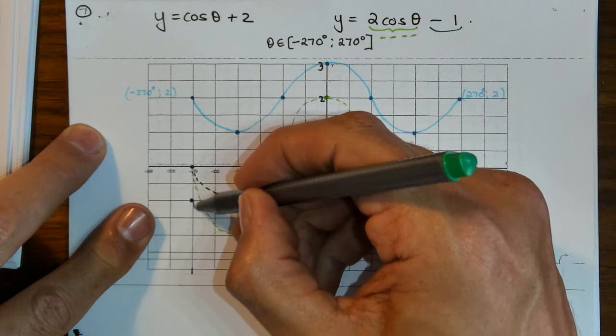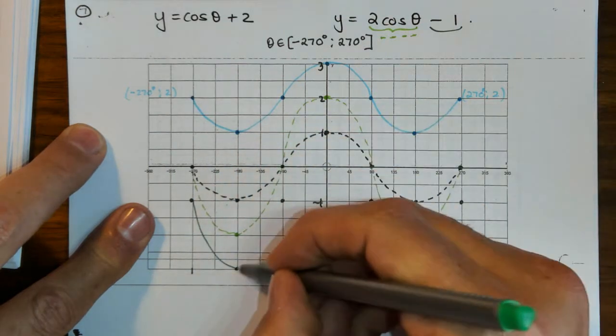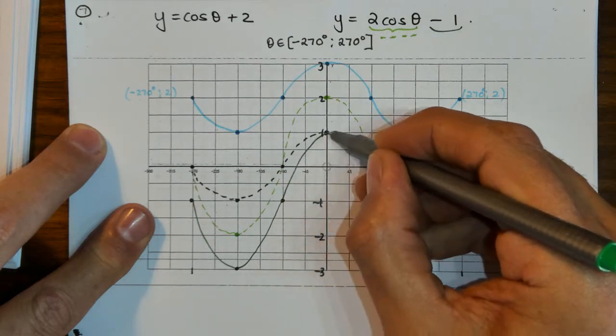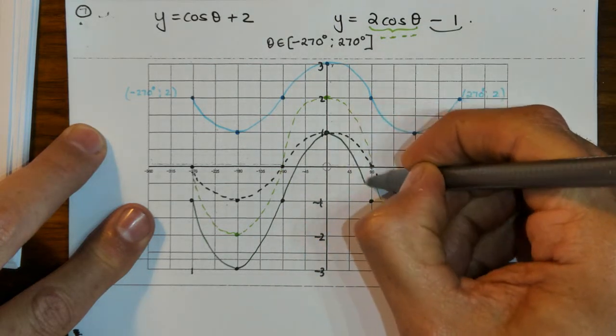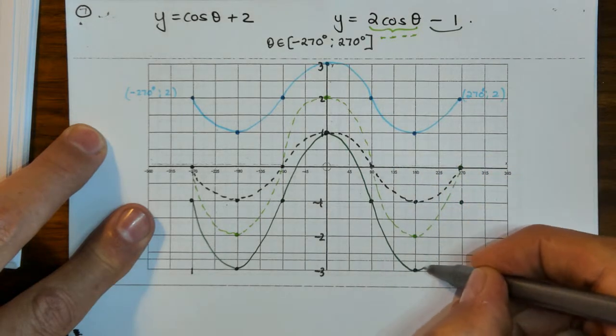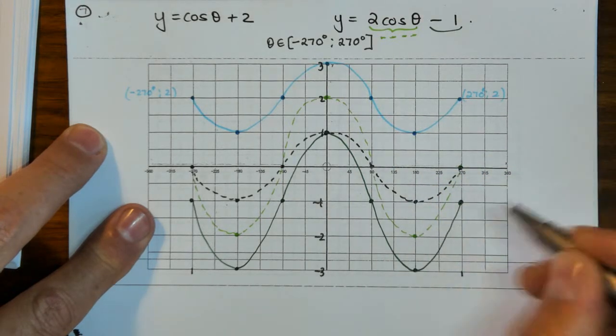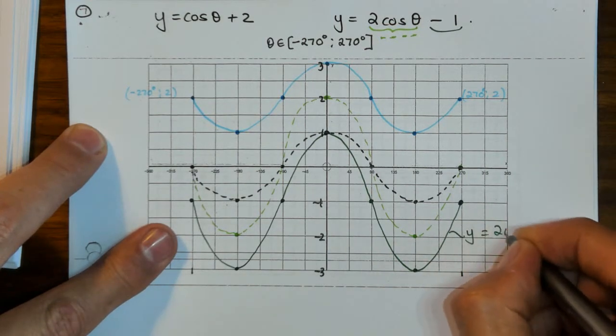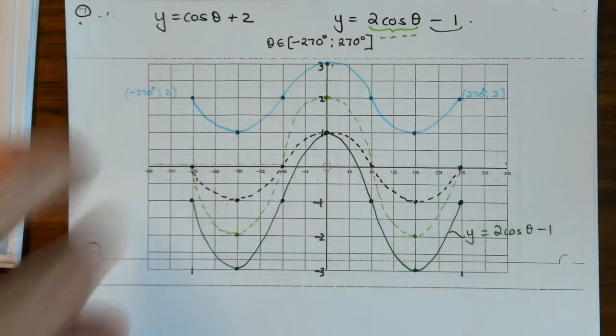Now the solid curve is the actual curve I was looking for. It turns there, turns back through that point, turns at the bottom there, and then returns to the final point. So this here is y equals twice cos theta minus 1.